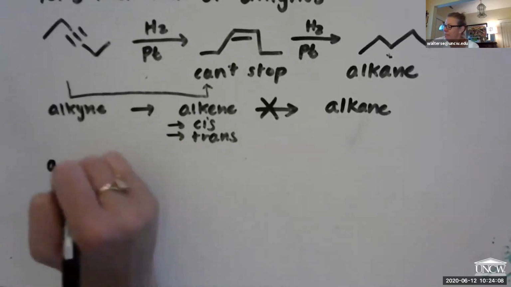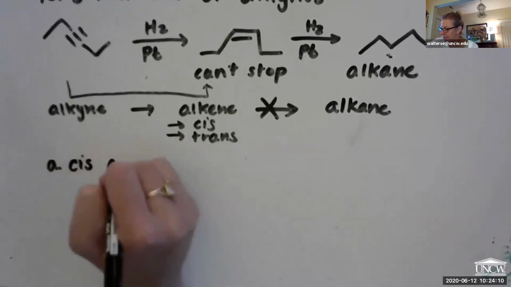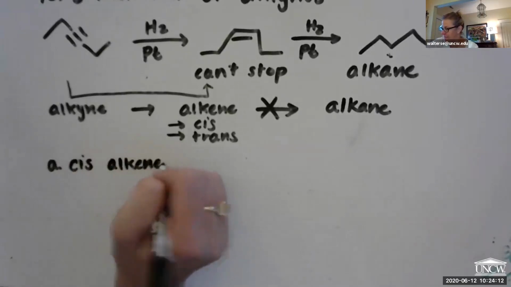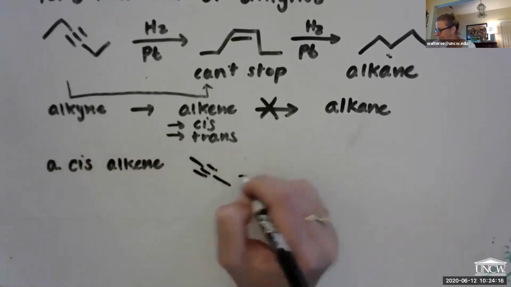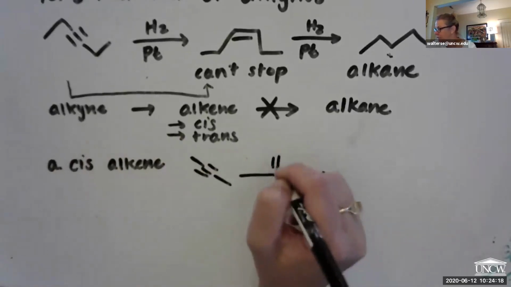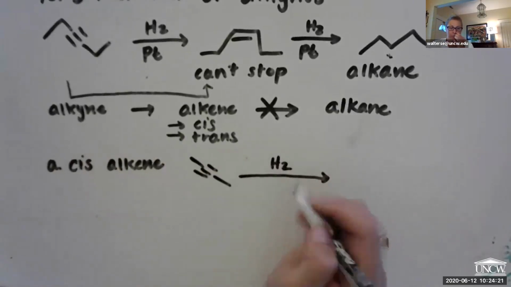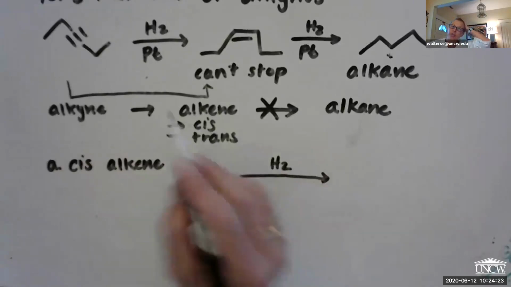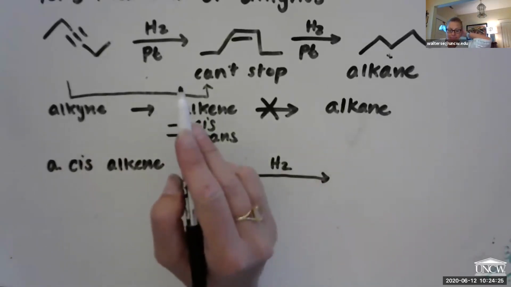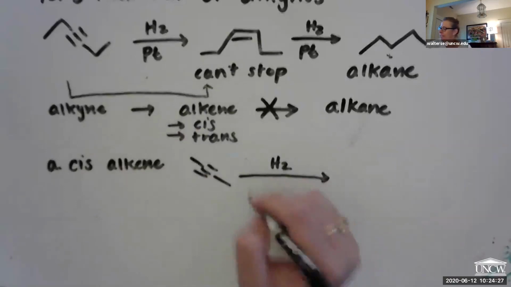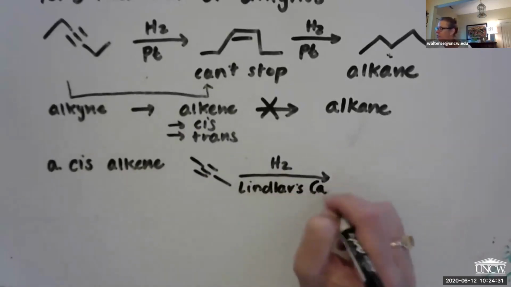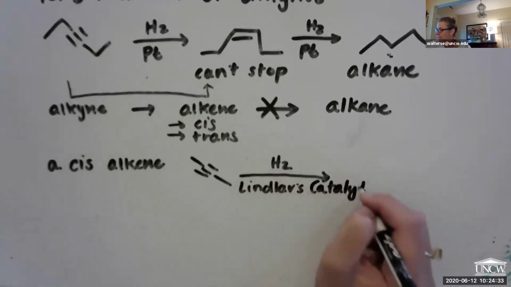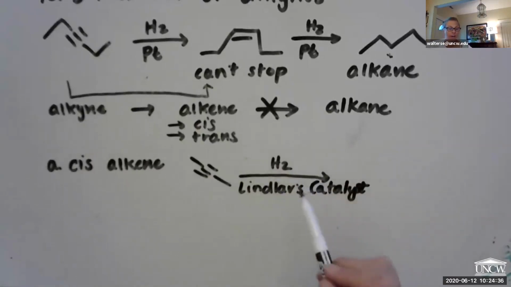So if you want to make a cis alkene, you start with your alkyne and you still use hydrogen gas, only you need a catalyst that's not quite as strong as the platinum. Okay, and it's called Lindlar's catalyst. And that's usually what is written underneath the arrow.